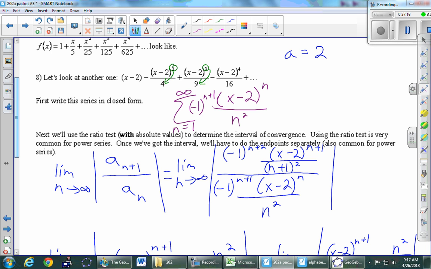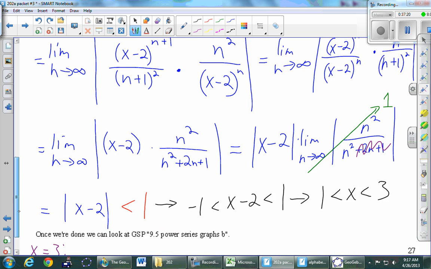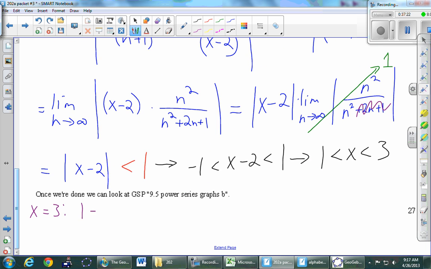So I'm just going to write out the first few terms. Every parentheses becomes a 1. 1 minus 1/4 plus 1/9 minus 1/16. Everybody see where that came from? And that's a full-fledged series that we need to decide, does it converge or diverge?